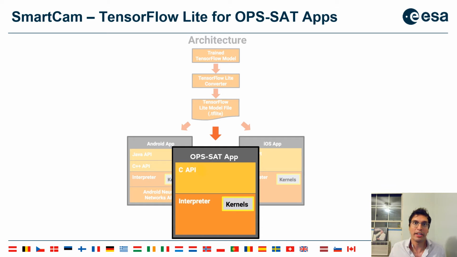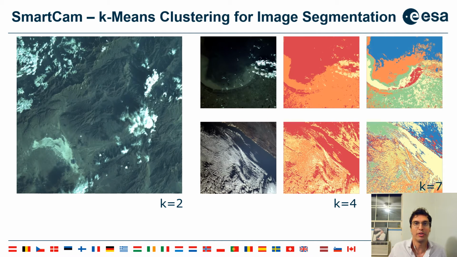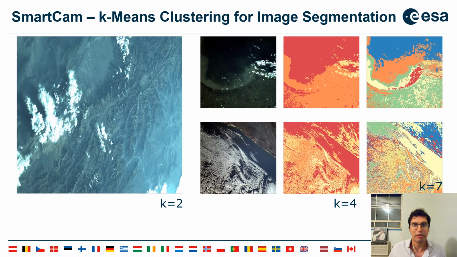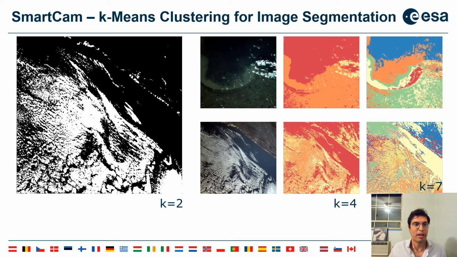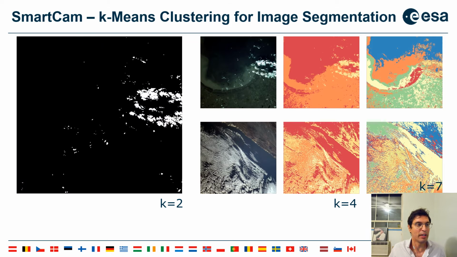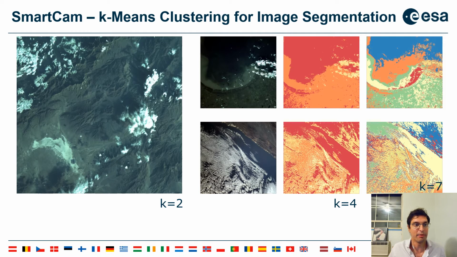So anyone with experience in developing AI systems using TensorFlow and TensorFlow Lite for mobile devices can now do so with OPSAT in space. Subsequent iterations of the SmartCam app introduced new AI features. Recently, we've been experimenting with k-means clustering, so we have enough processing power on board the spacecraft to do image processing on a pixel-by-pixel basis of our high-definition image files.